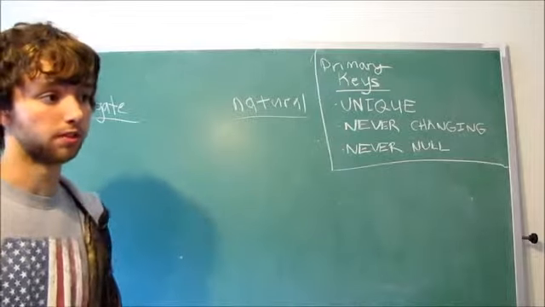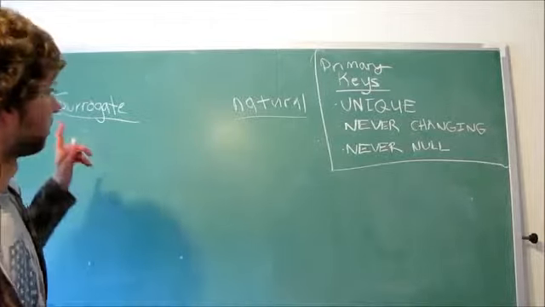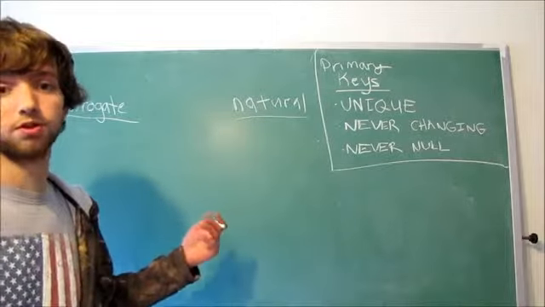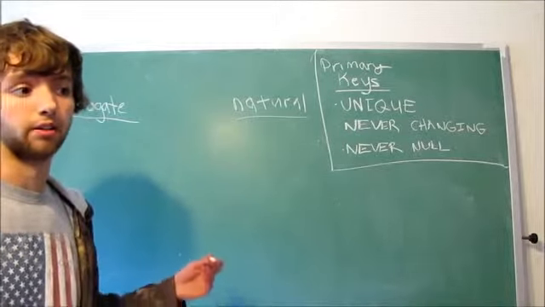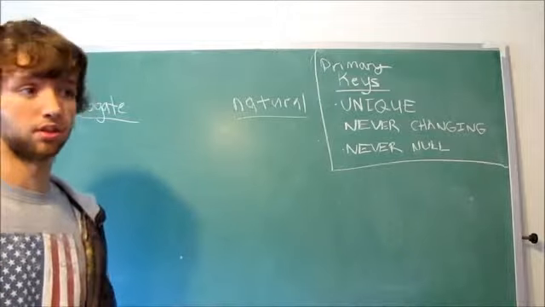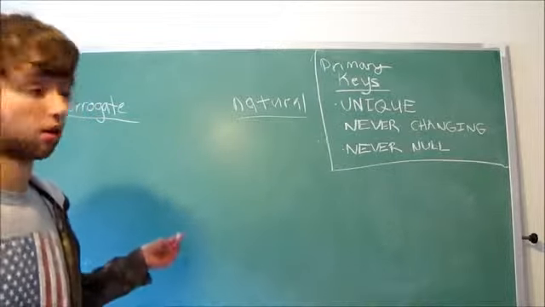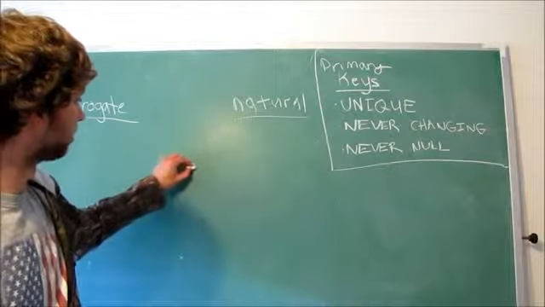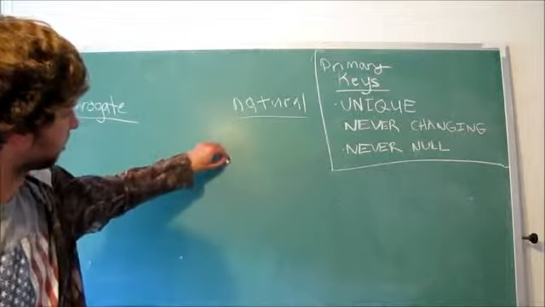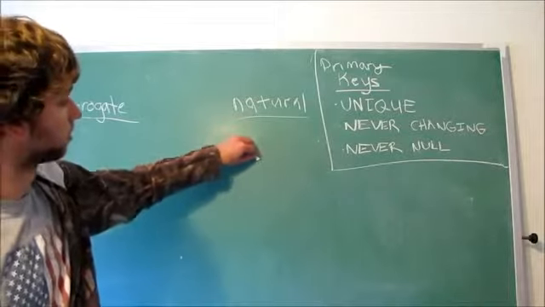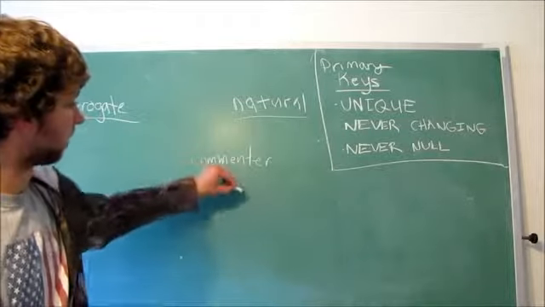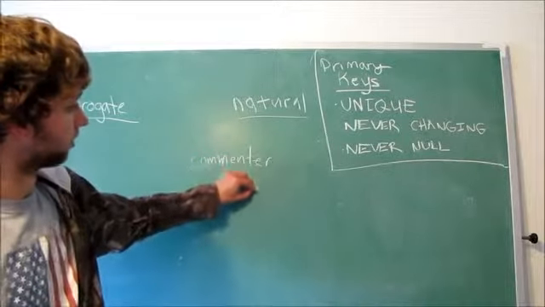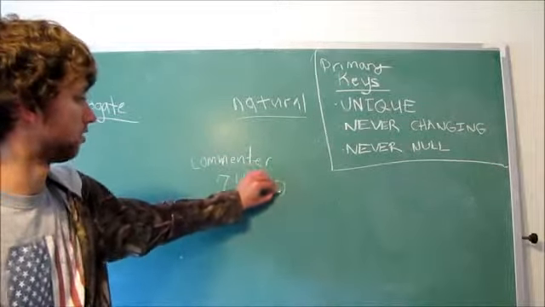Now, a couple other things, besides the fact that you have to add a new column, which requires you to store more data, it's that it can be confusing sometimes when all you're working with is just combinations of numbers. Let's say we have a column, like a commenter for a comments table, and we have the value 7,462.